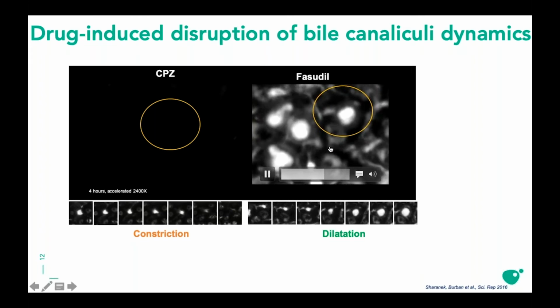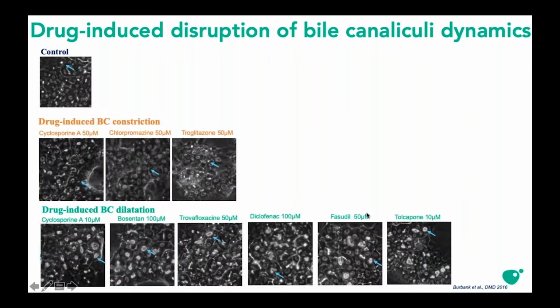Bile canaliculi were further assessed in the presence of different compounds. While some, such as troglitazone, induced bile canaliculi constriction, others, like bosentan, induced bile canaliculi dilation. Importantly, cyclosporin induced bile canaliculi dilation at low concentration and constriction at high concentration.